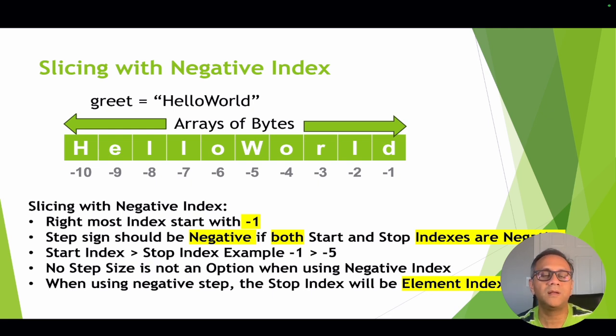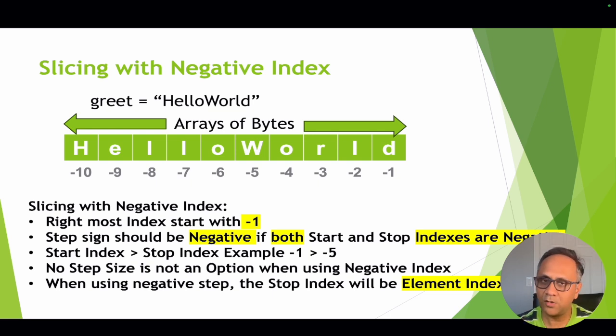Negative step size is not optional when using negative index. This also will be clear when we look into the code. But one thing to keep in mind: when you are using negative step size and negative index, remember the stop parameter will be the last element index -1. So when you are using positive index and positive step, the stop parameter is the last index +1.